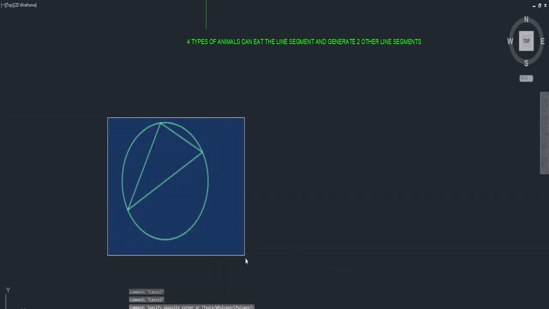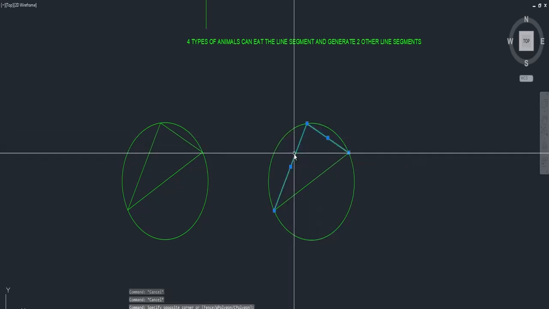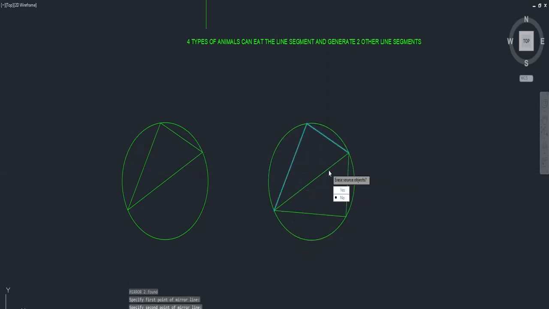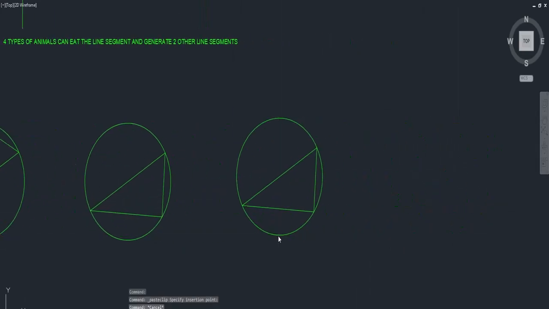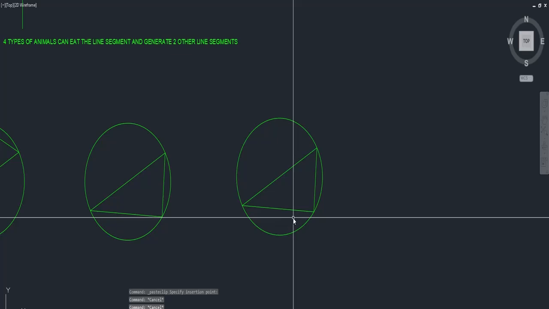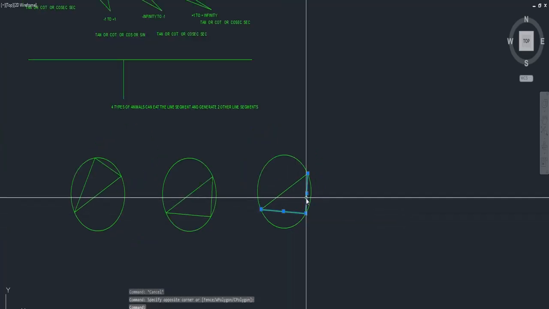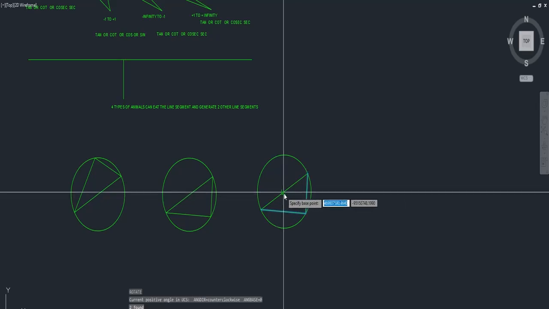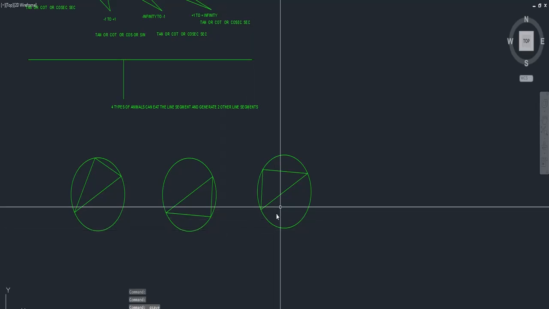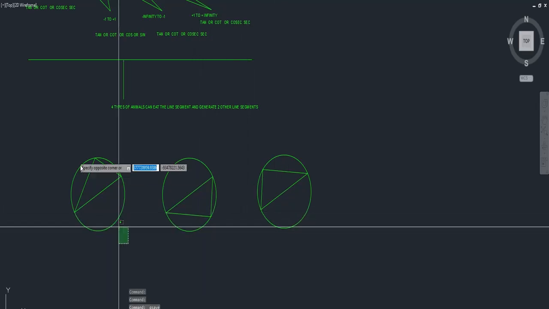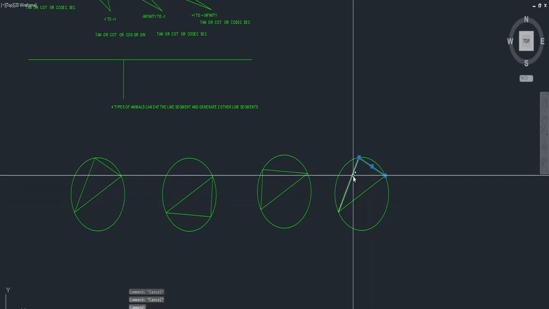This one is one symmetry, this one is another symmetry, and this one is another symmetry where it is rotated 180 degree, and this one rotated 180 degree gives another symmetry.